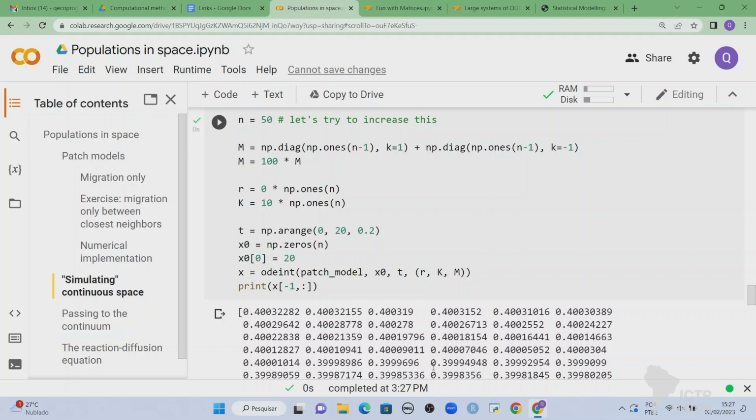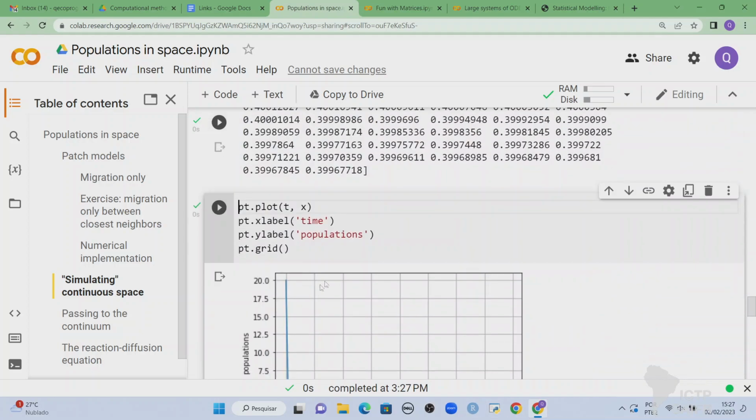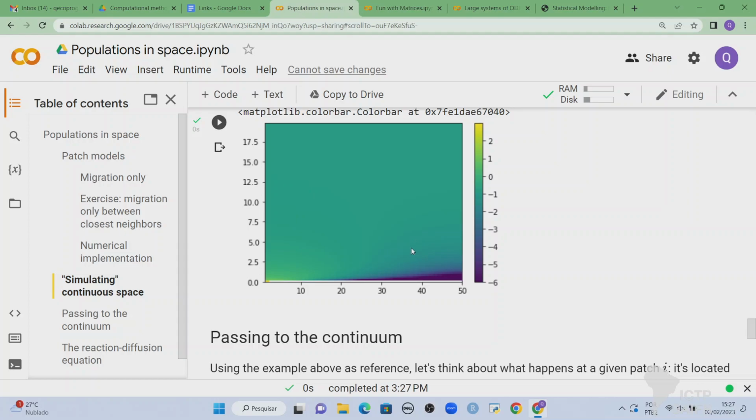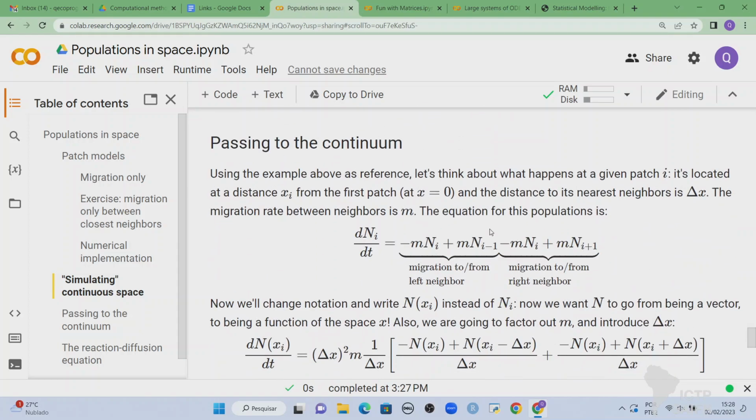Good, so now is the trick. We actually want to go to the continuum. What happens if instead of just toying around with many patches, we treat the location along this axis as a continuous value?